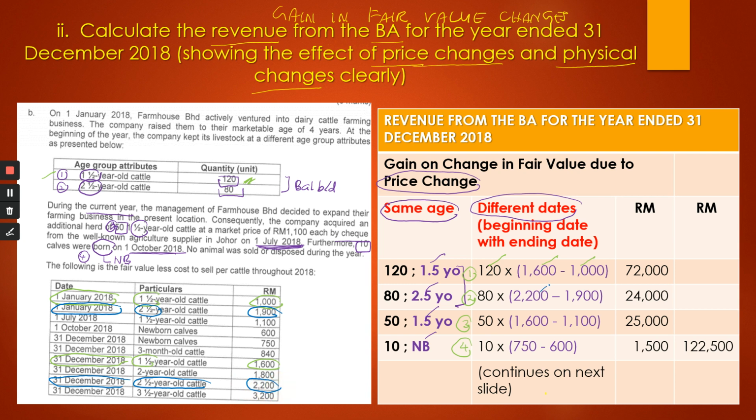So 2,200 at the end of the year compared with the one beginning of the year. And the unit is 80. So 80 times the difference. So you get 24, right? So that was the first one.